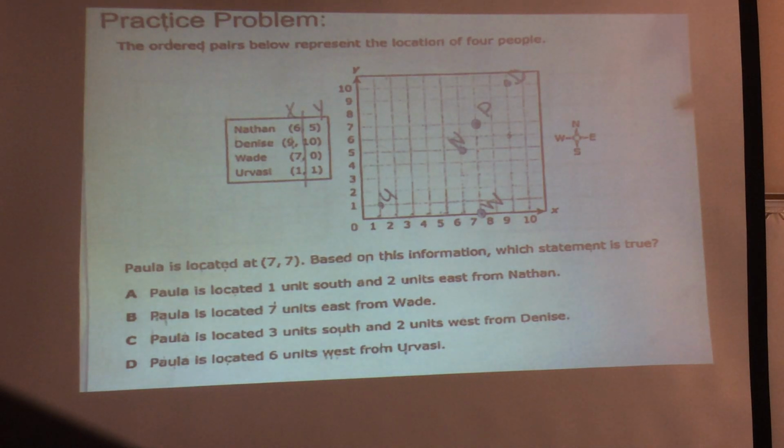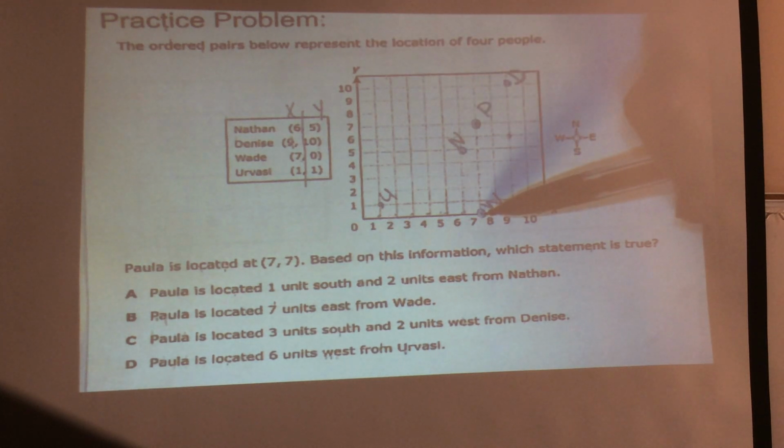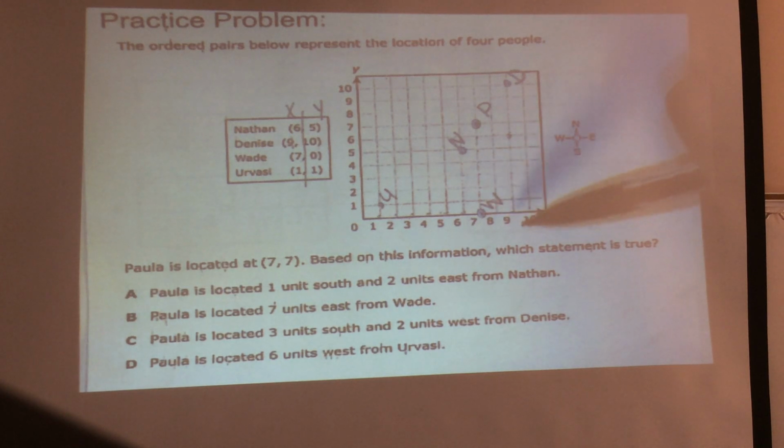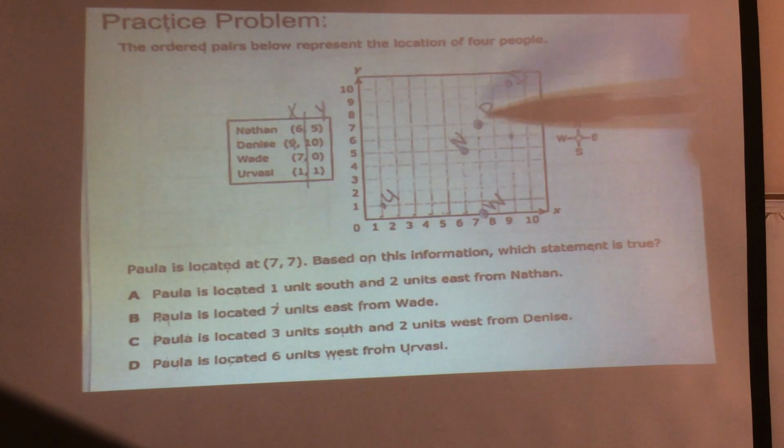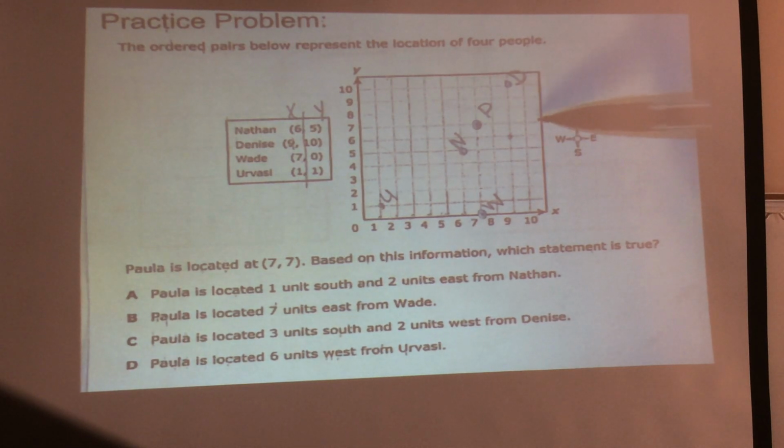Okay. B, Paula is located 7 units east from Wade. So here's Wade. Gonna move over 7 east. Sorry. 1, 2, 3, 4. Nope, these are down there.